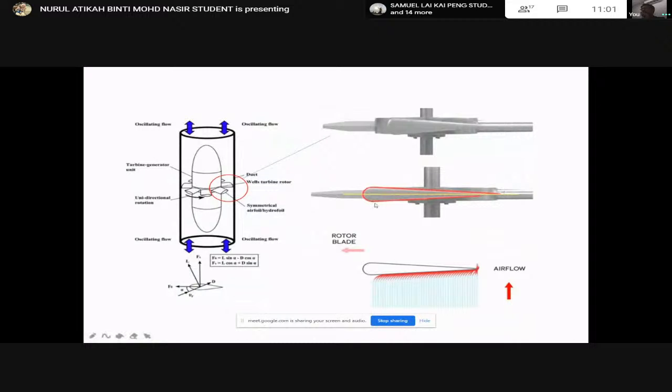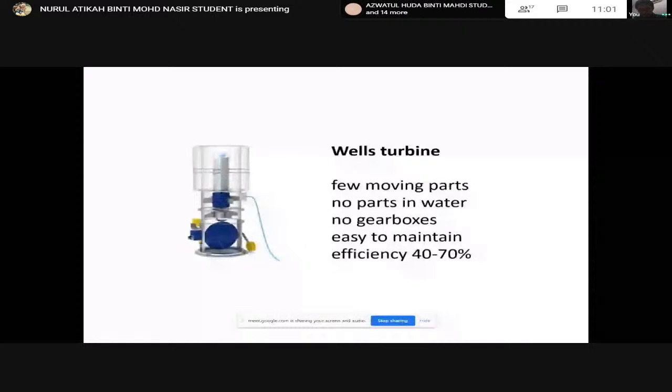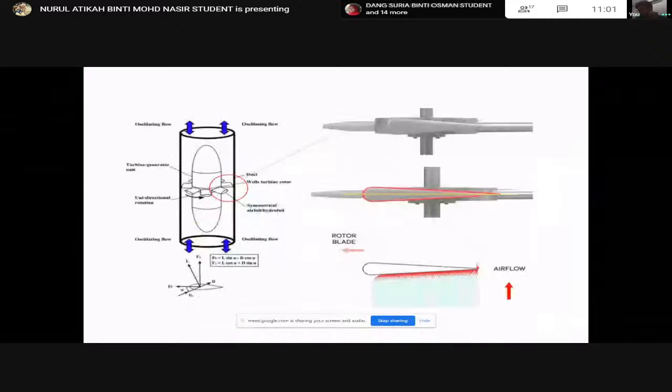The air hits the rotor blade in the same way due to the symmetric shape, with the same effect when the airflow comes from the other direction. Therefore, this turbine always rotates in one direction regardless of the airflow direction and guarantees continuous rotation of the turbine.